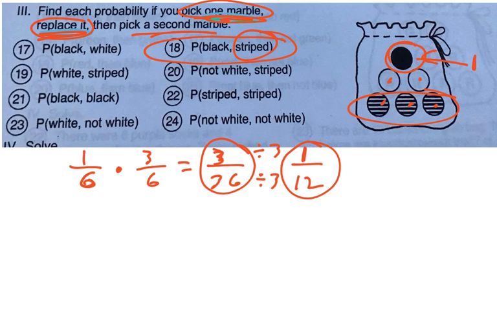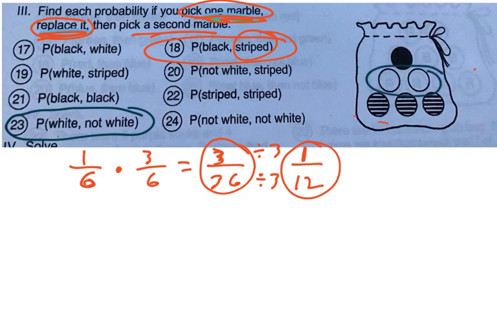How about we do the chance of getting a white and then a not white? Well, the chance of getting a white is 2 out of the 6. We're going to times that with the chance of getting a not white. Well, we have 2 that are white. That means we have 1 black, 3 striped. That's a total of 4 out of 6.